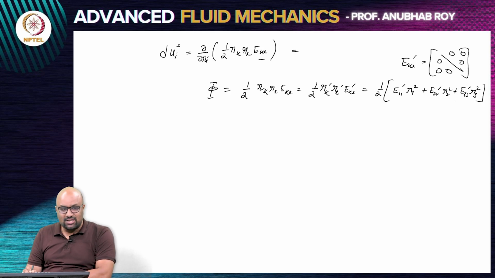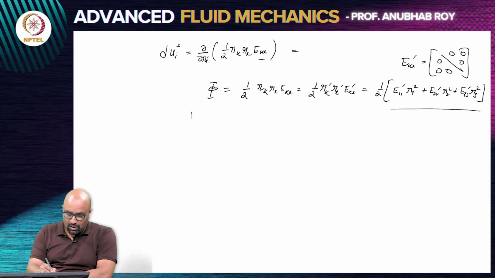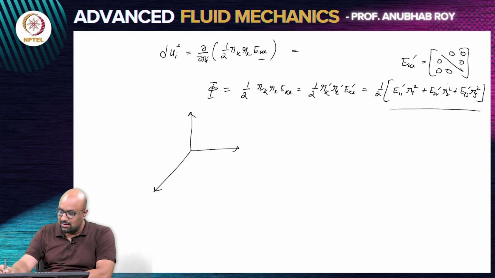It becomes a very specific kind of quadratic. Now, if you were to plot it, it would be a surface that is given by the magnitude of what your E11, E22 and E33 are.